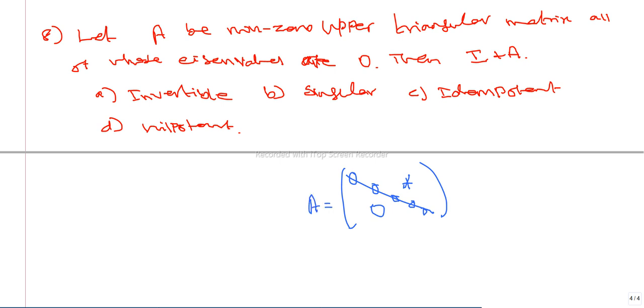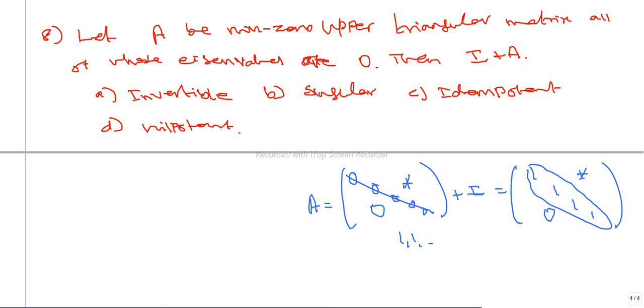So this is matrix A. If you add I, the identity matrix, we get 1 1 1 on the diagonal, 0 below, and some non-zero entries above. Now the eigenvalues are just 1 1 1 1. If you take the product, it is non-zero, therefore it is invertible. So I plus A is invertible because all the eigenvalues of I plus A are 1, which is non-zero.